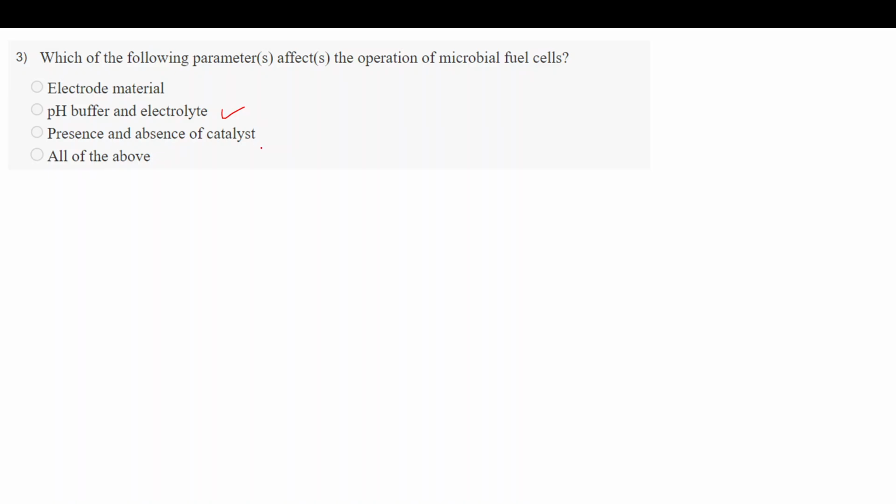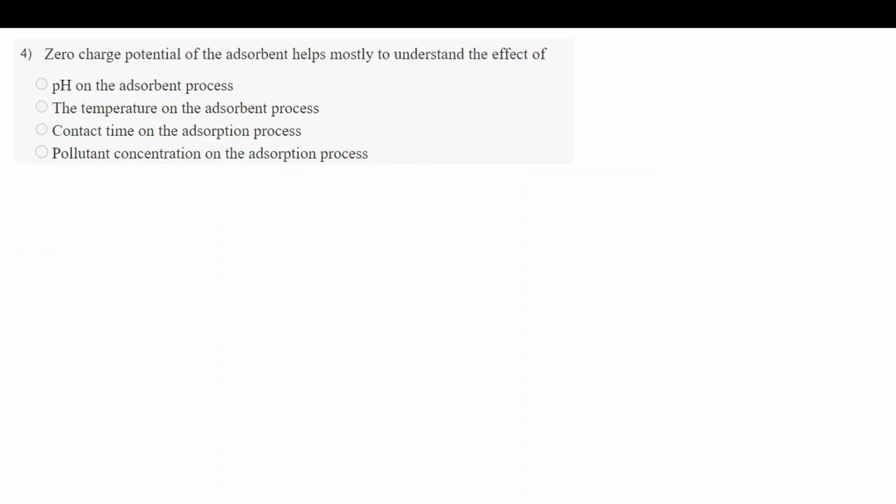And also the catalyst, because it can enhance the rate. So for a microbial fuel cell, all of the above is the correct answer. All these parameters affect the process.